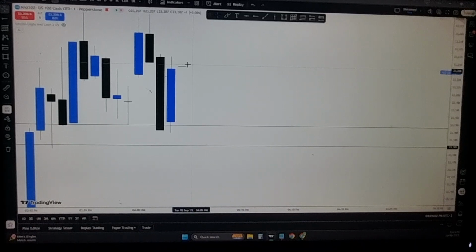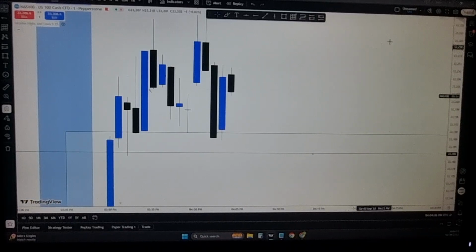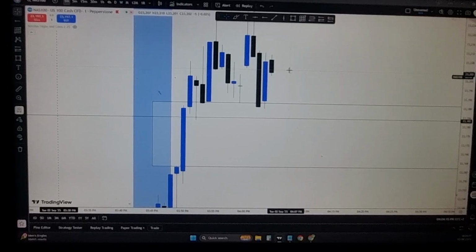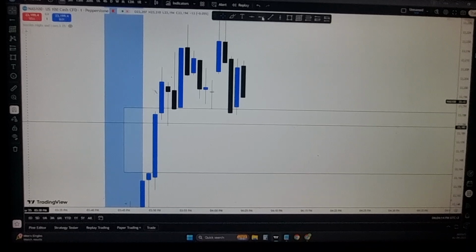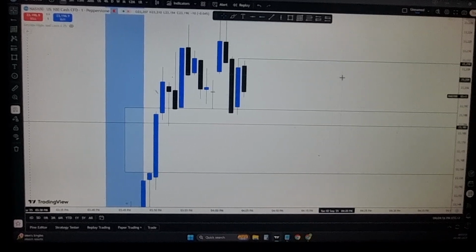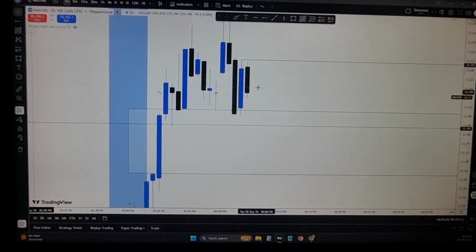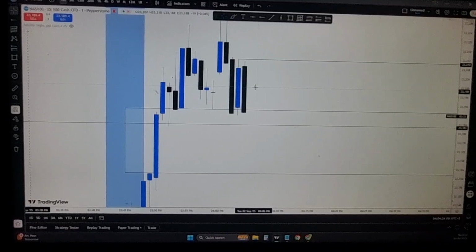My bad, so we don't have that fair value gap anymore. Okay, so this is the high that, if this candle closes bearish, we want to break after entering. Okay, or before entering, my bad.